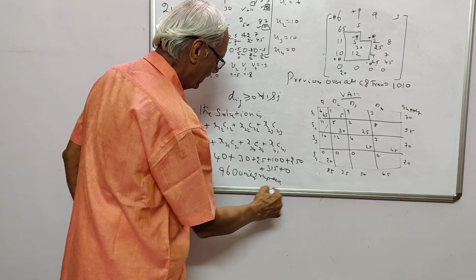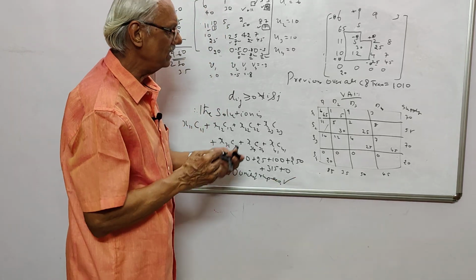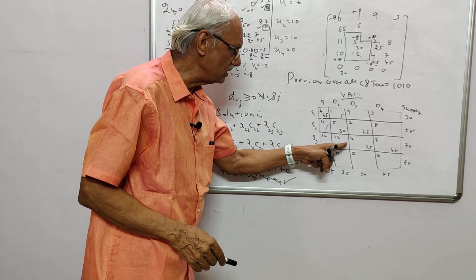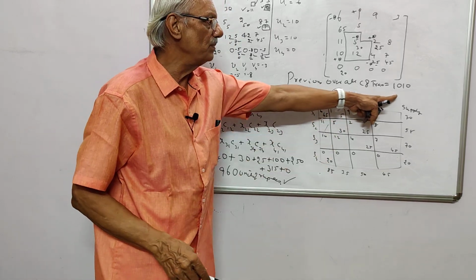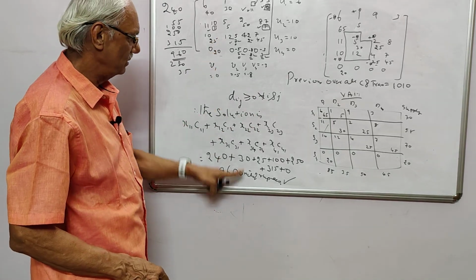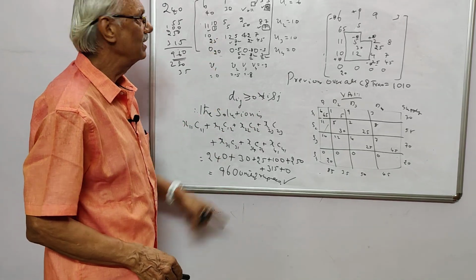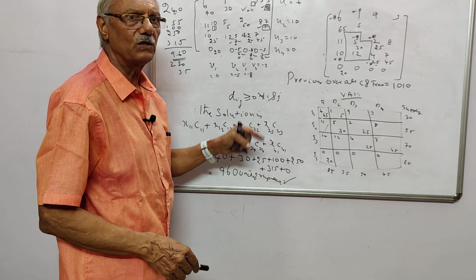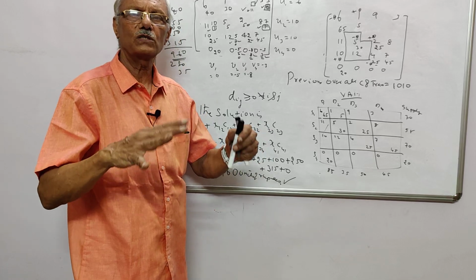Now what is that you are having here? 960. So you see that, don't go. So this was your first one. If you use this, your expenditure will be 1010. But if you use this allocation, you see that you are 960. Therefore, it is better that you go for this allocation, so that your overall cost will be minimum.